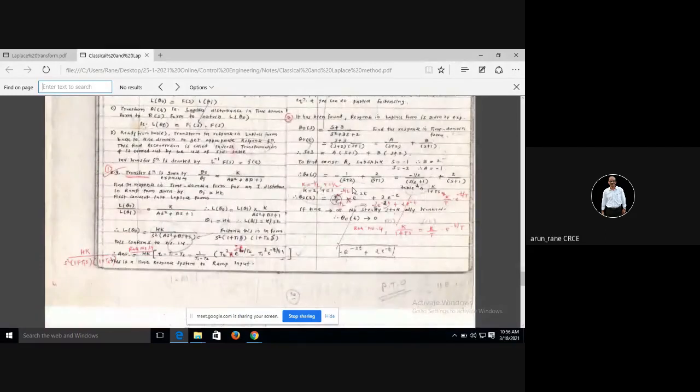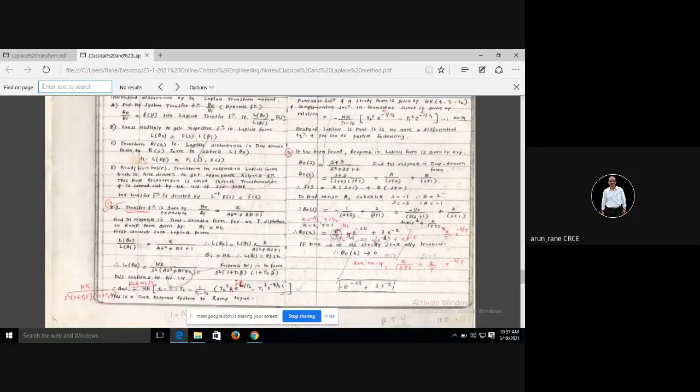Now from this you understand the particular solution and steady state form. So what will be my particular solution? My particular solution will be this, and my steady state solution will be this. Then from this you can infer, as the value of t changes, what the response will be.